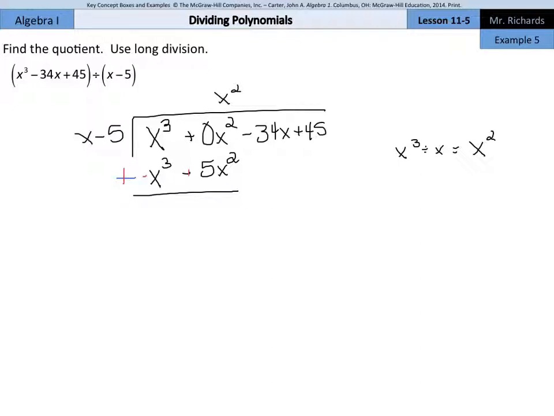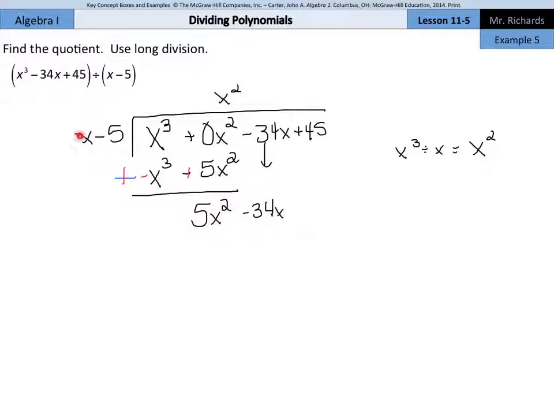It's easier to visualize, I believe. So we have 0x squared plus 5x squared is 5x squared. And then x cubed plus negative x cubed just kind of cancels out. Bring down this minus 34x.